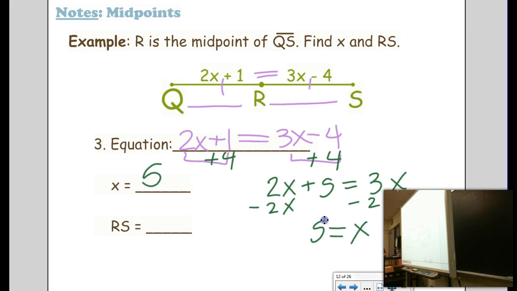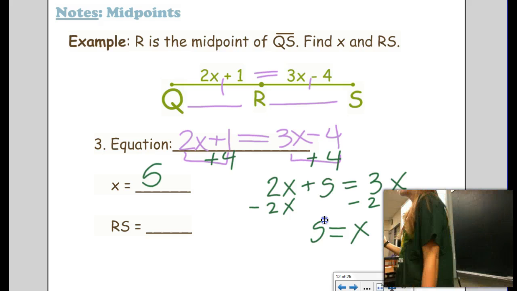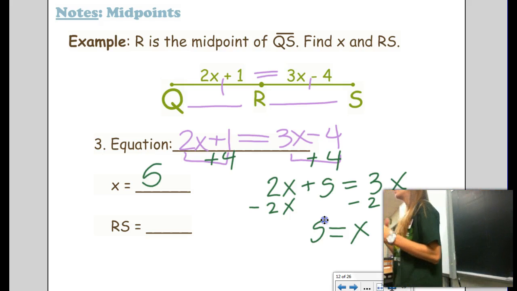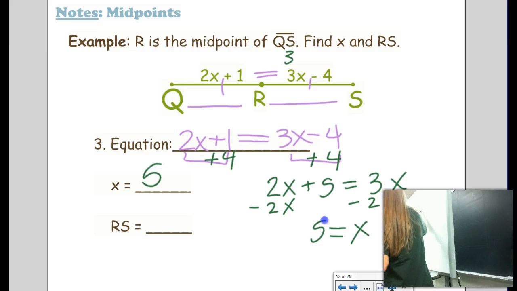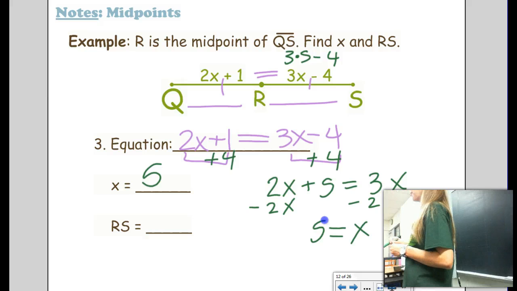Are you waving your hand, Shane? Alexa, do you know what to do with that 5? Plug it in. Does that mean anything to you? To find RS? What's RS? RS is 3x minus 4. So how could I find how long it is? Instead of x, what would I write instead of x? What is x? 5. So instead of x, I'm going to do 3 times 5 minus 4. Ask your calculator what that is, or do it in your head.